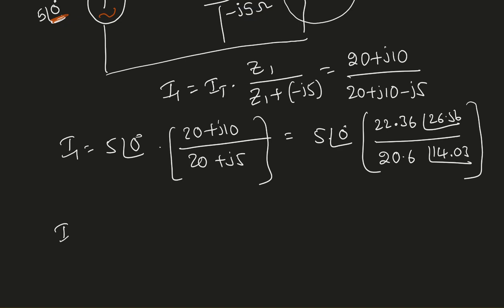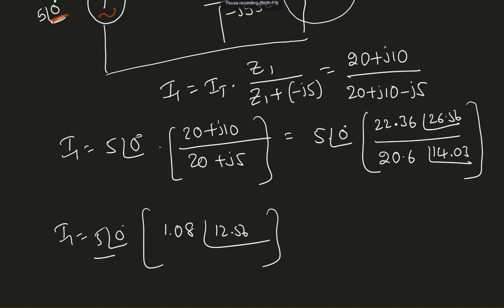Now I1 equal to, you just do the divide, 22.36 divided by 20.6, that is going to be 1.08, and subtract the angles. 26.56 minus 14.03, we will end up with 12.56. Okay, and both of them in polar format.